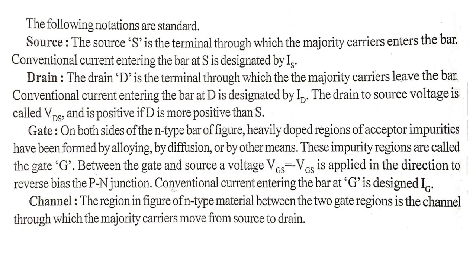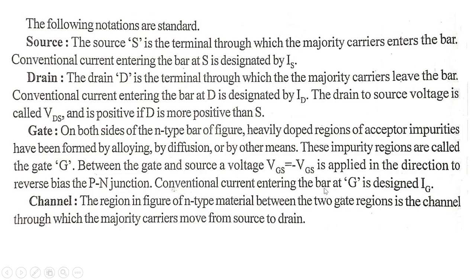Now another terminal, that is the gate: on both sides of the N-type bar of the figure, heavily doped regions of acceptor impurity have been formed by alloying, by diffusion or by other means. These impurity regions are called the gate G. Between the gate and source, a voltage VGS, that is equal to minus VGS, is applied in the direction to reverse bias the PN junction.